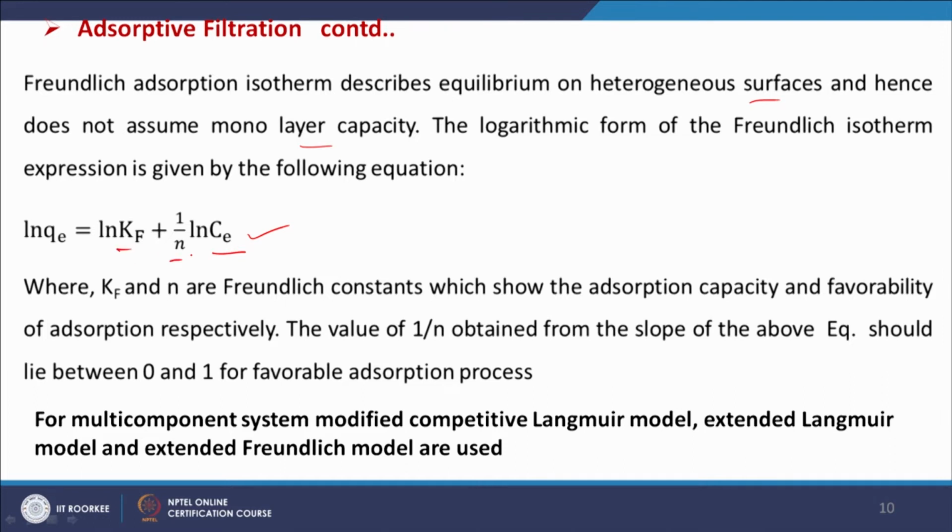These K_f and n are the Freundlich constants, and they can be determined from the experiment and used to get some idea whether the adsorption process is following this phenomenon or not.